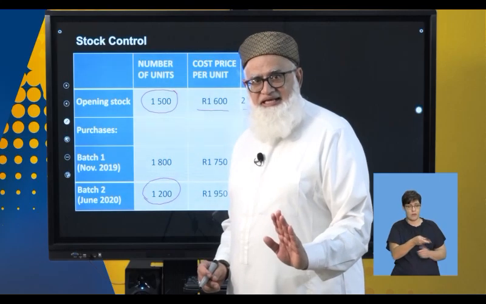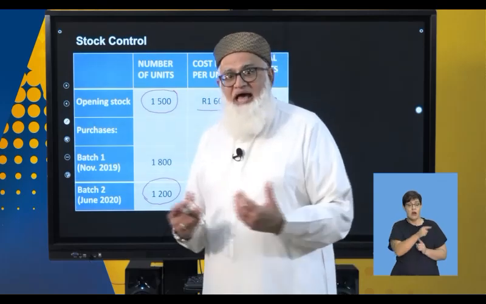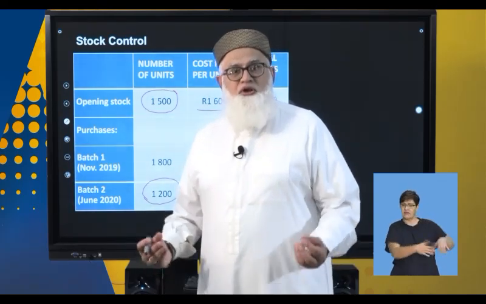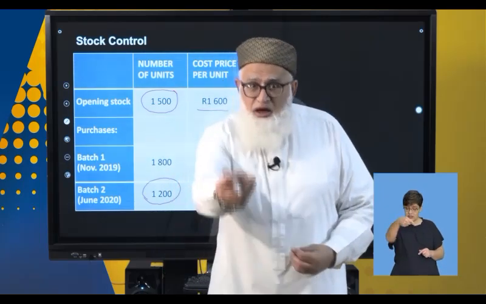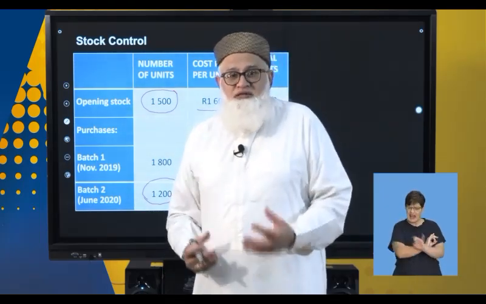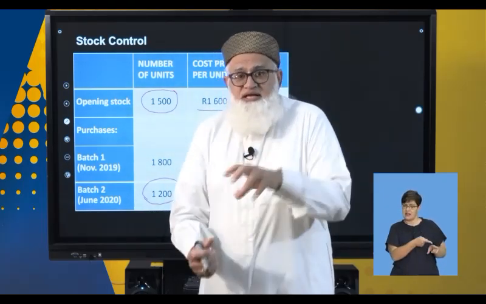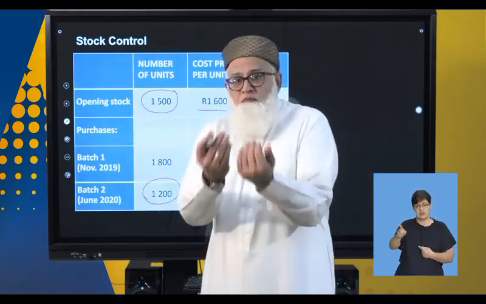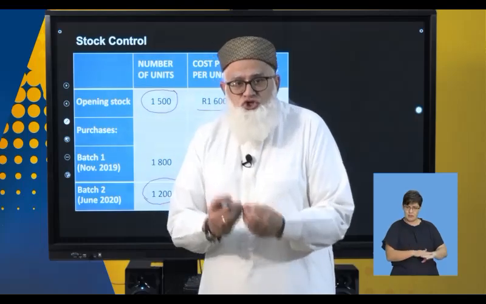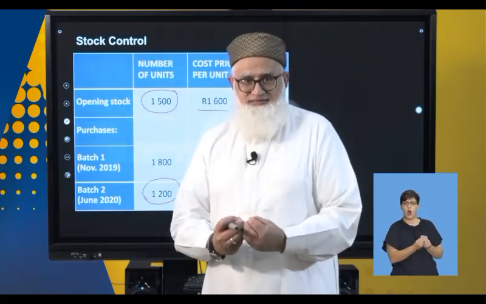So obviously, all of those items are left over. Why? Because we worked on the principle of first in, first out, clearly telling you that the stock that came in first is sold first. Therefore, you go to the bottom of your table and look at the stock that was purchased last.